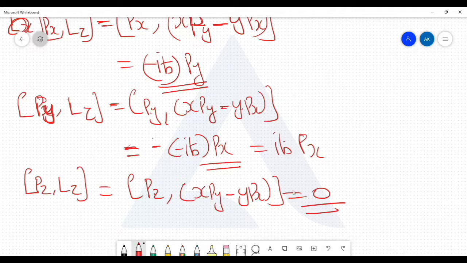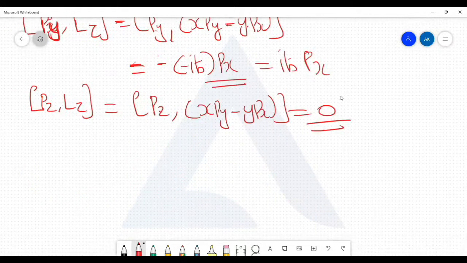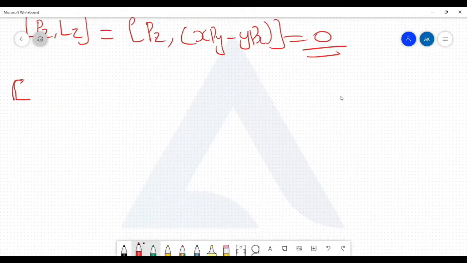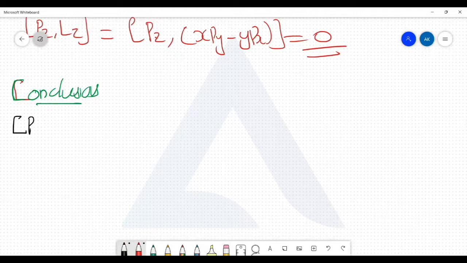Now you can write the conclusion. From the above proved result, you can write the conclusion. What are your conclusions? You have seen px with the Lx. Definitely x with x term, that should be 0.